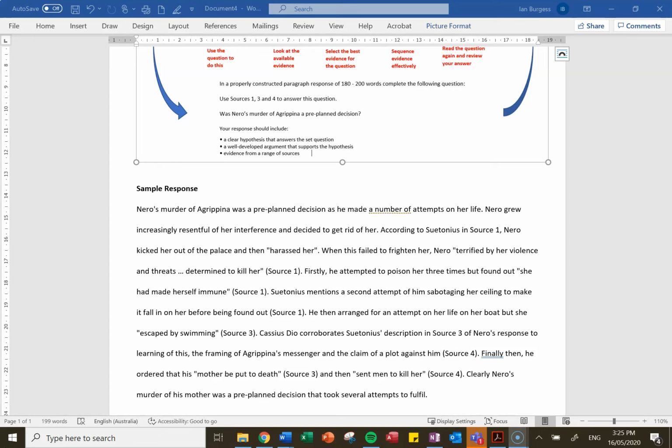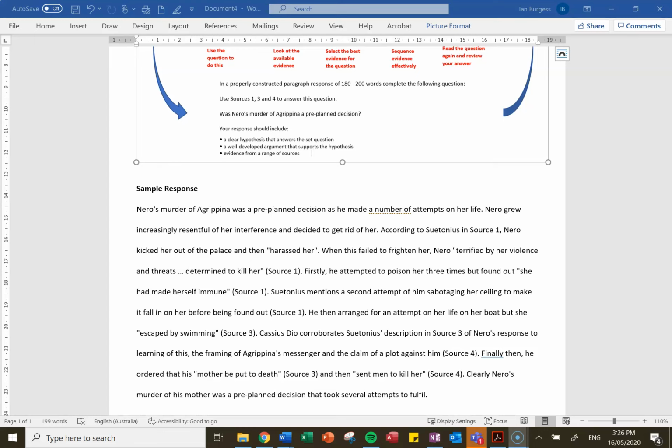So when I'm bringing in Cassius Dio here, I'm signposting again, I'm showing to the marker that I'm bringing in more evidence that supports the ideas that are presented in the sources. So source 3 says this, source 4 says the same thing, therefore it's more likely a reliable or an accurate assumption or piece of evidence coming from our sources.